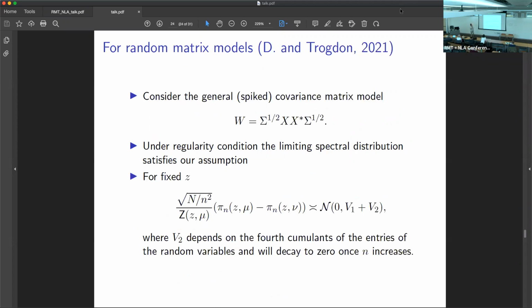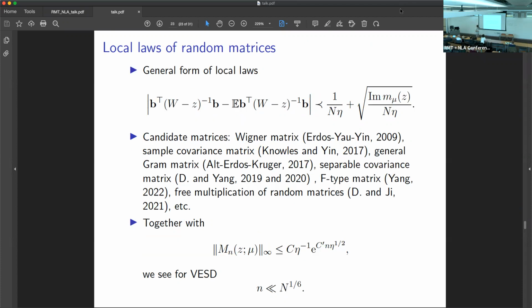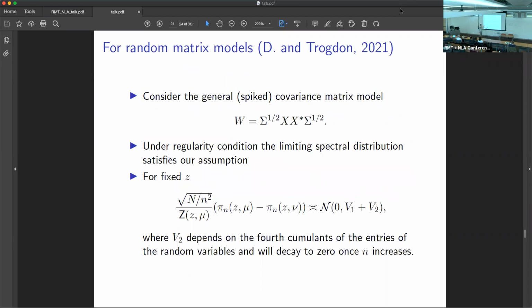So I will give a case study. Because I'm a statistician, I will focus on the most important model, the general or spiked covariance matrix model. Capital M and N are just the size of the matrix; it's a big M times big N matrix, and this is my X matrix.